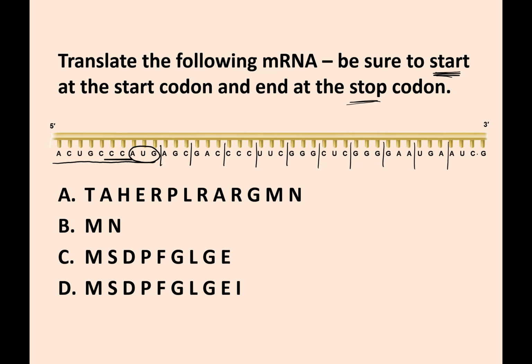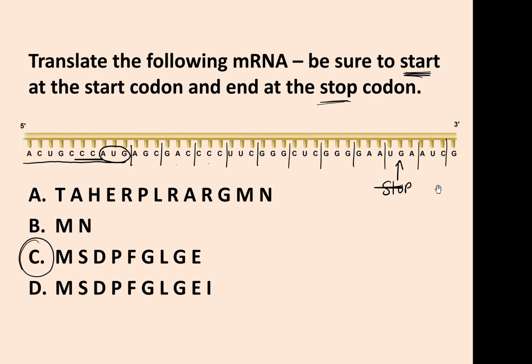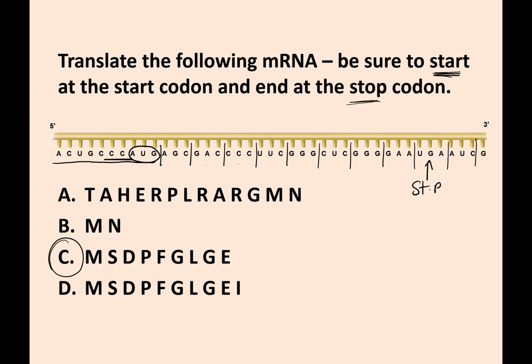Okay, and so you're going to start reading AUG, AGC, GAC, and I'm going to tell you the answer is C, because UGA, UGA, whoa, what happened? UGA is a stop codon. So even though there's one more codon here, you cannot translate it. The important thing too is you have to scan for the AUG.